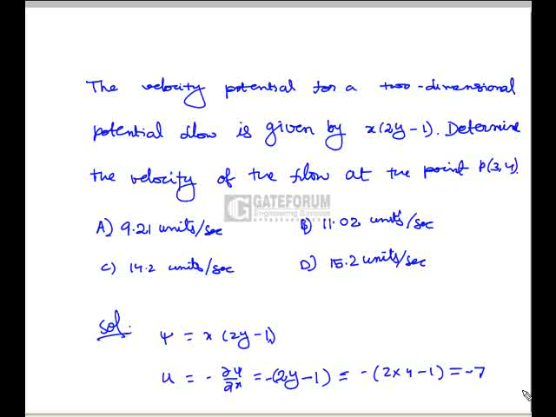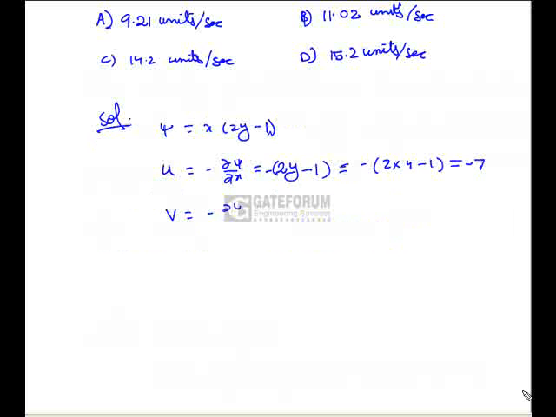Coming to the velocity in y direction, we can get it by using the equation v is equal to minus dou psi by dou y, which is given by minus 2x, so it is equal to minus 6.